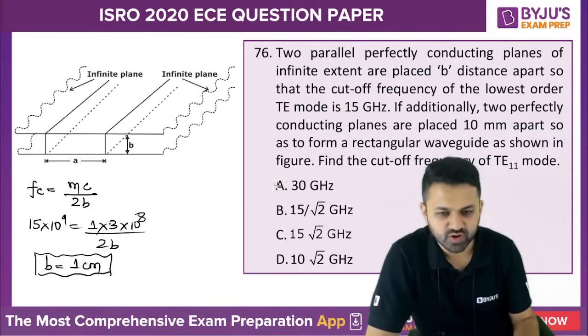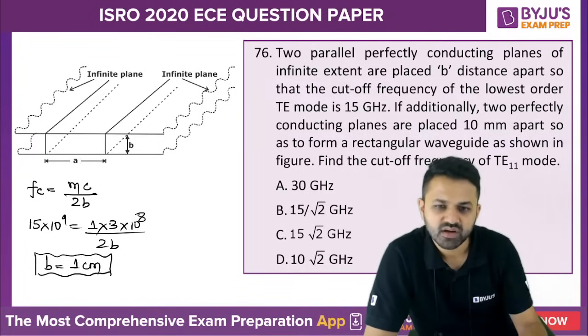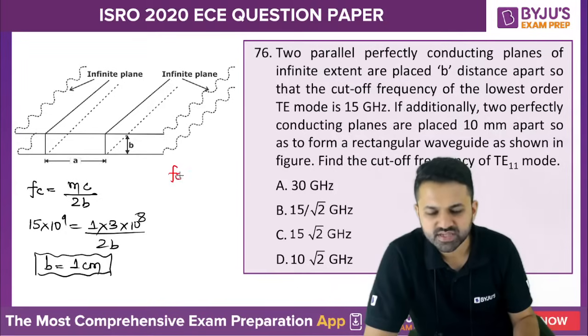So let's substitute all the values for the rectangular waveguide. This is nothing but c upon 2 root over (m by a) whole square plus (n by b) whole square.